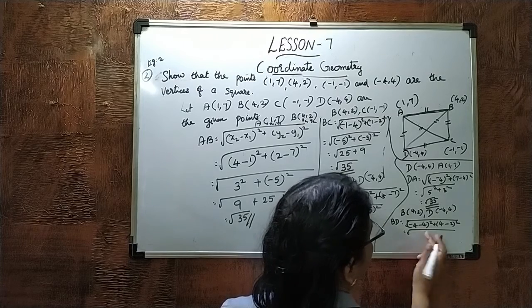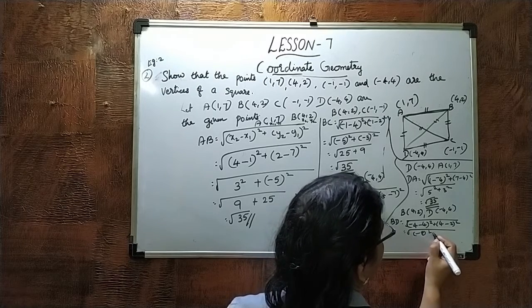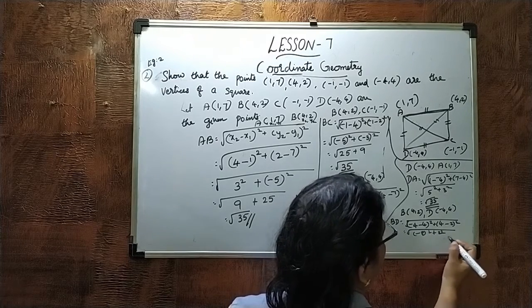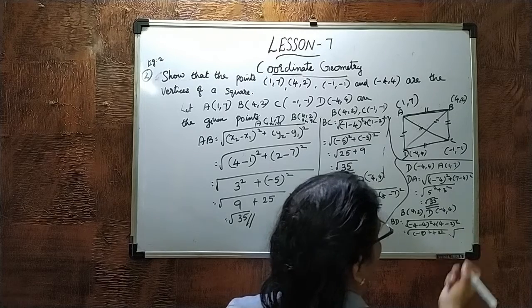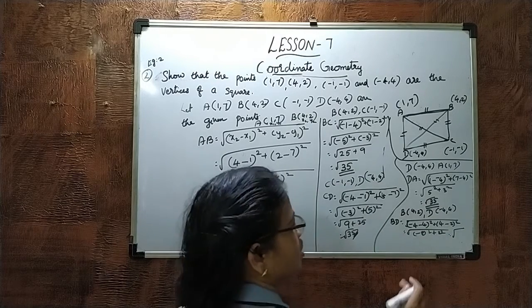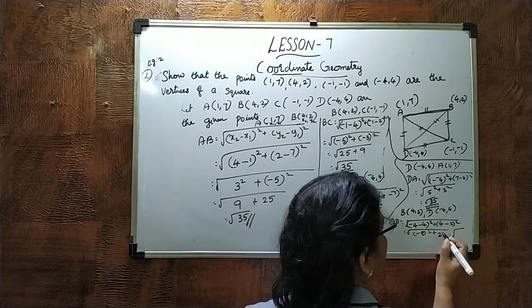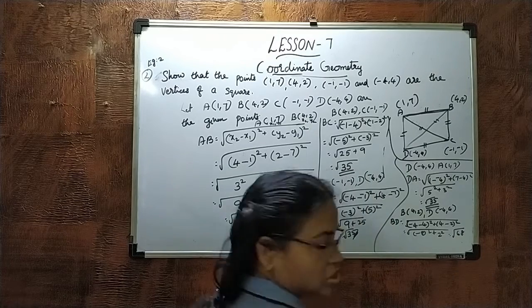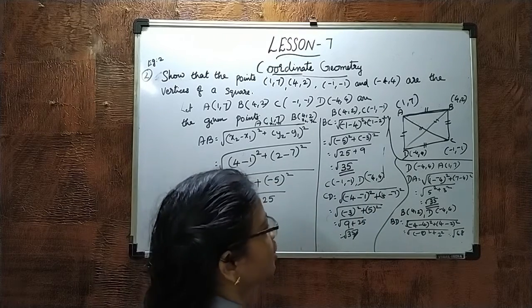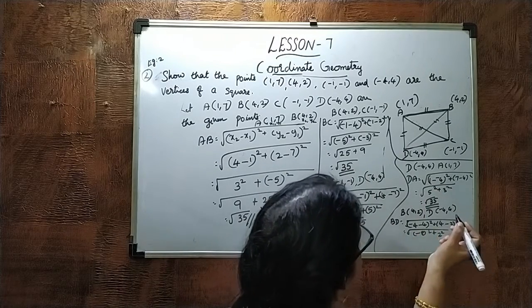It will be root of -8 the whole square plus 2 square. You will get the answer. 8 square means 64. 64 plus 4 you will get root 68. Right. The next one, BD finished now.